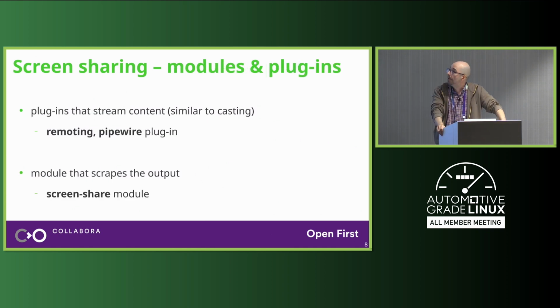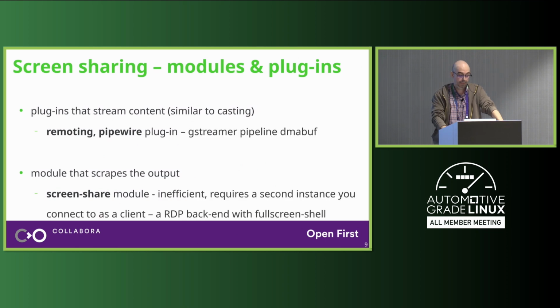So in terms of modules and plugins, like I previously said, the remoting and the PipeWire plugin are more closely related to casting or mirroring. And the screen share module is more closely related to screen sharing.